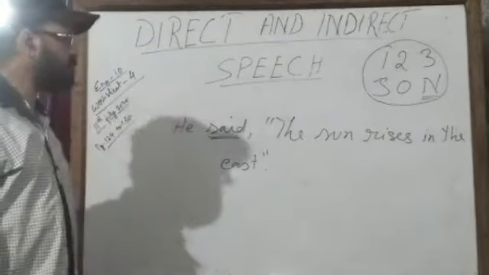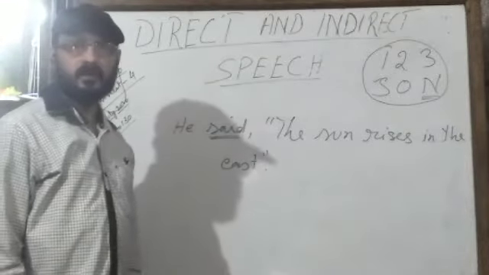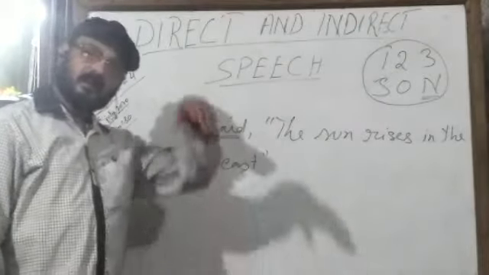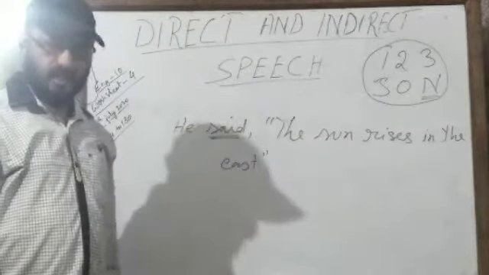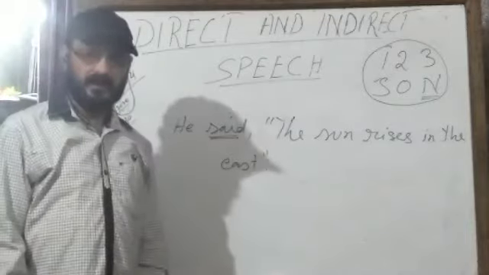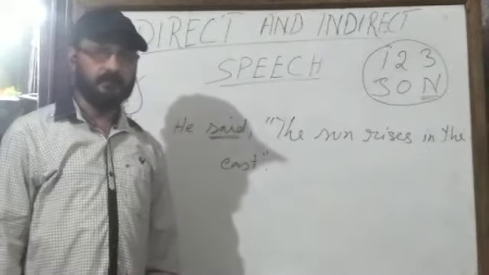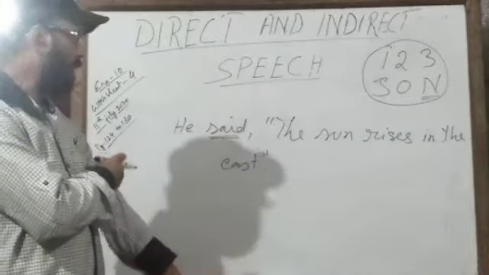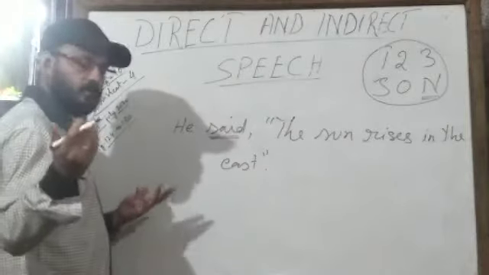This is a universal truth question. It will never change. The sun rises in the east. It used to rise in the east 100,000 years ago. Now also it is rising in the east, and in the coming years also it will be the same. There will not be any change. This is a universal truth fact. So the answer will be the same. There will be no change at all.